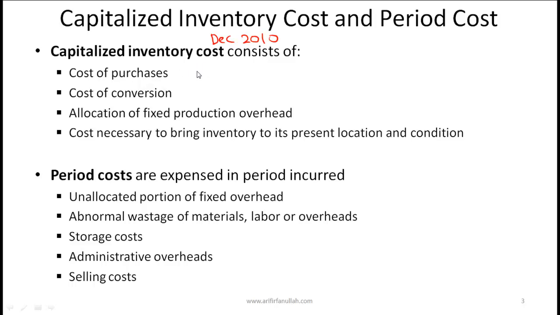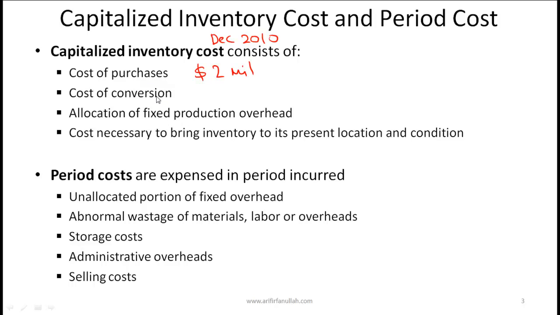You buy inventory worth 2 million, and then cost of conversion would apply when you are manufacturing some inventory. So if you are manufacturing chairs, then the cost of conversion would imply the cost of making the chairs. So the cost you incur to make the inventory is also part of what is capitalized.